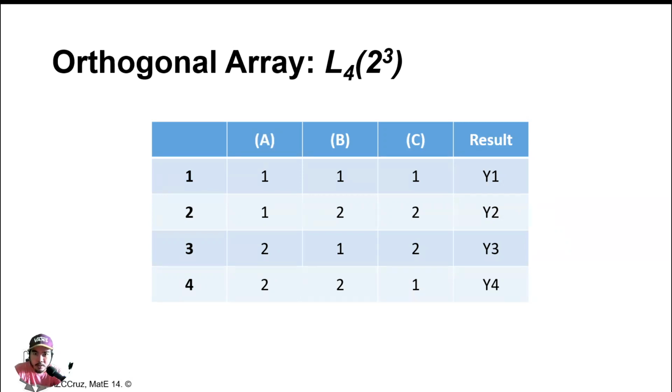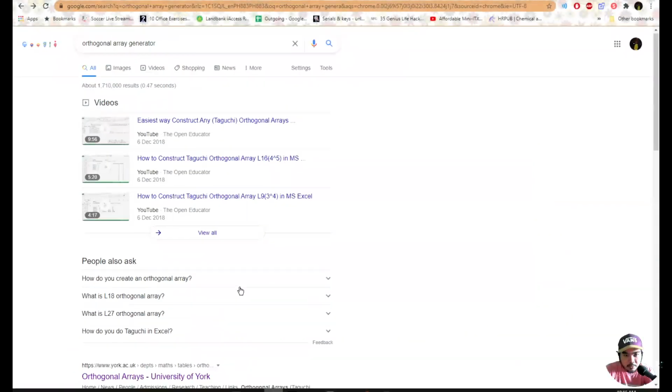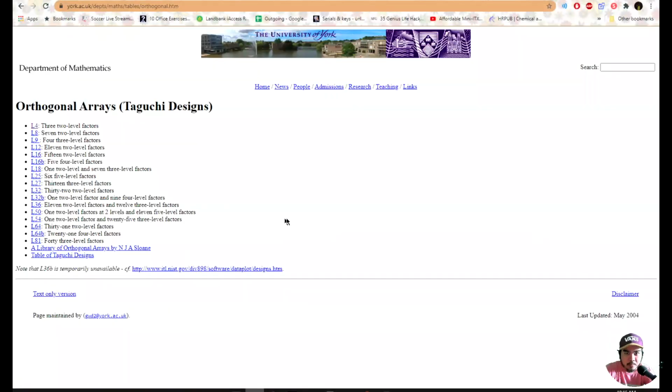I think this is the one. I can't find the exact one, but this is the closest thing I can find. This is the closest thing I found.